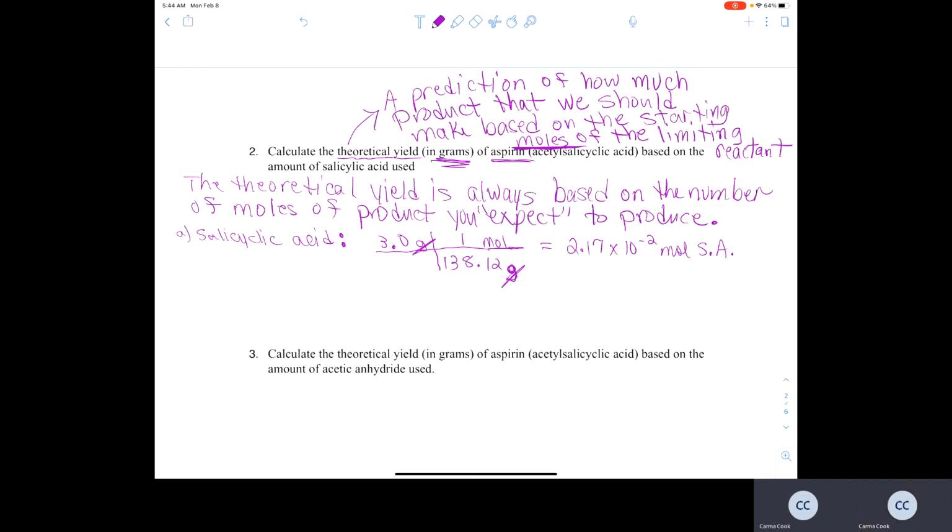And then for our acetic anhydride, we started out with 6.5 grams of it. So we need to convert the grams to moles. So grams go in the denominator, moles go in the numerator. The grams cancel each other out.